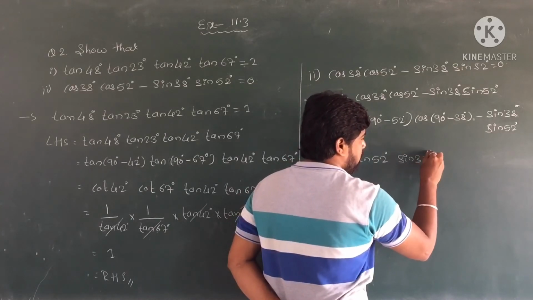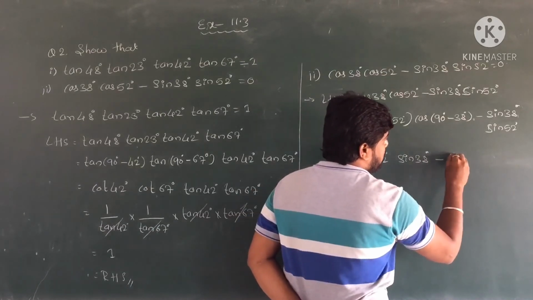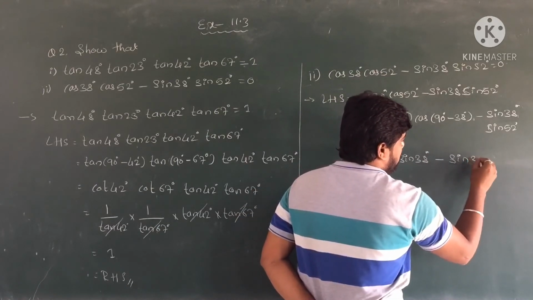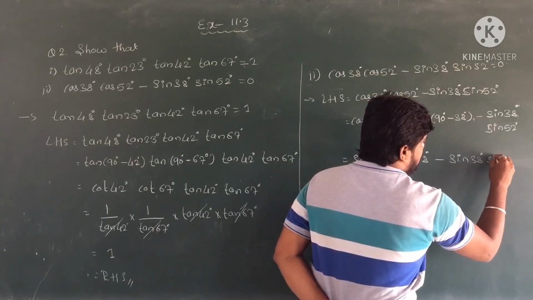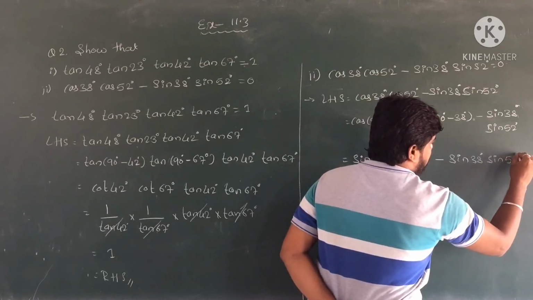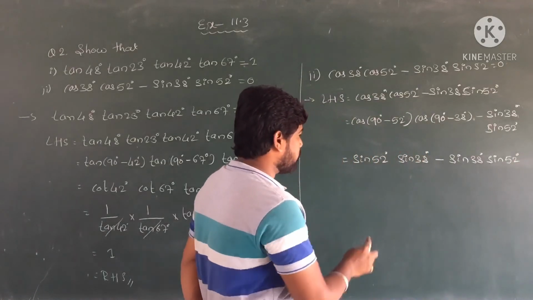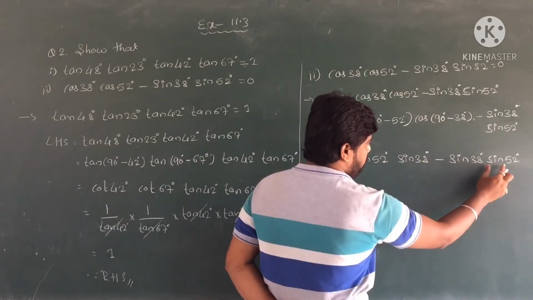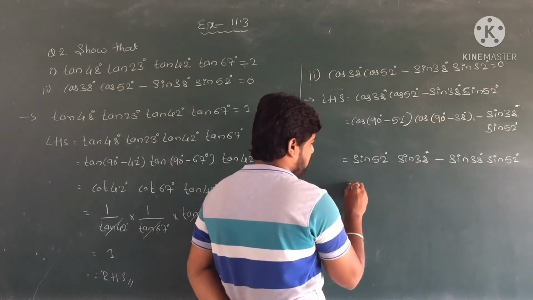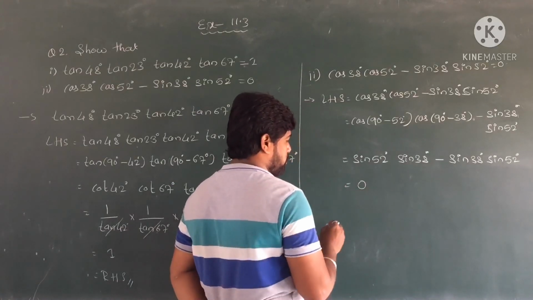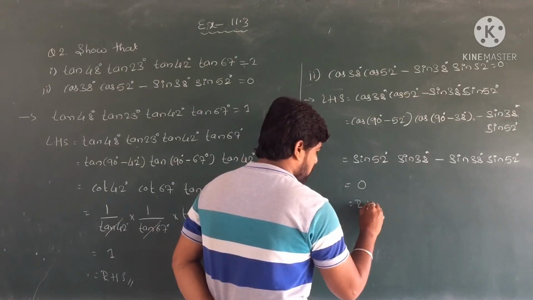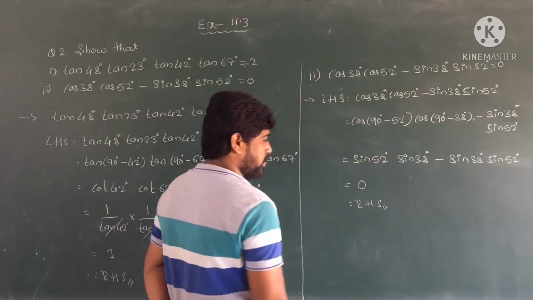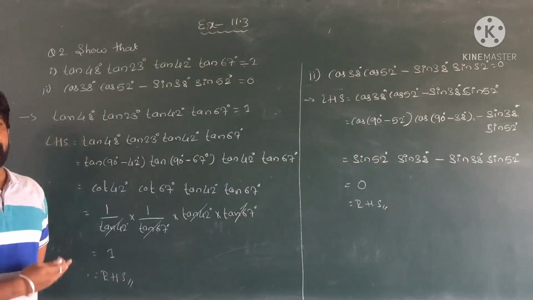Sin 38 minus sin 38 sin 52. So here sin 52 sin 38 minus sin 38 sin 52. So here both cancel, we get 0. So it is RHS. Is it clear? This is all about the second one.